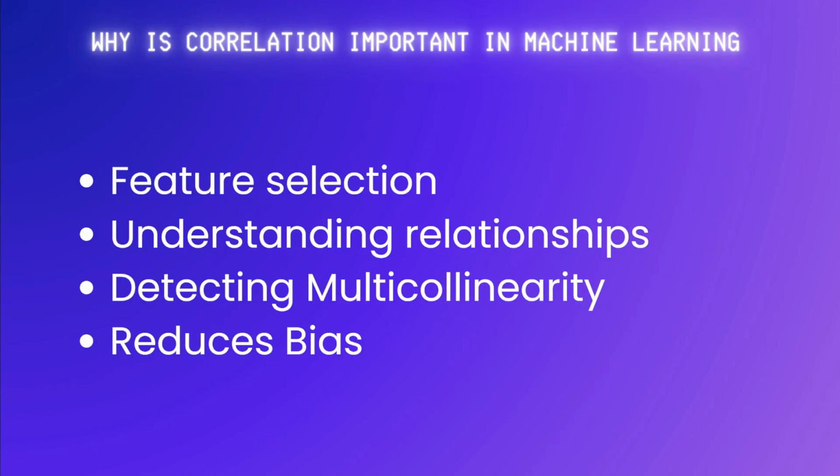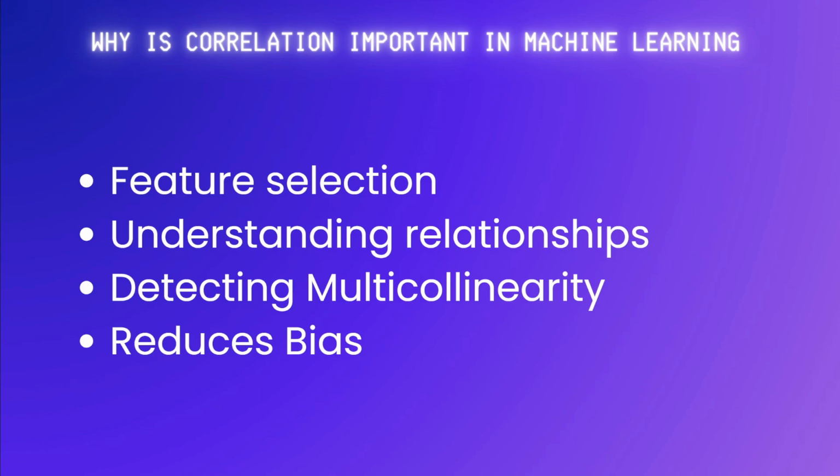Now let's see why correlation is important in machine learning. The first one is feature selection. Under feature selection, correlation helps us in selecting the features that are relevant to the target variable, and this can be done by knowing the correlation value. When there is a high correlation with the target variable, that means that feature is useful.